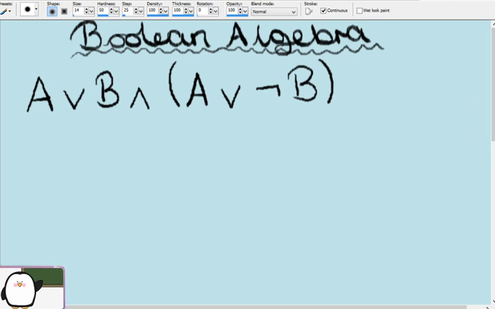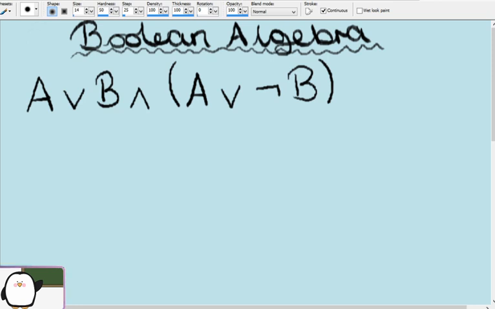I'm going to write all of my answers in a dark blue colour. So have a little look at what you can see here. You've got A or B, and A or not B. And we're going to simplify this down to its simplest form.